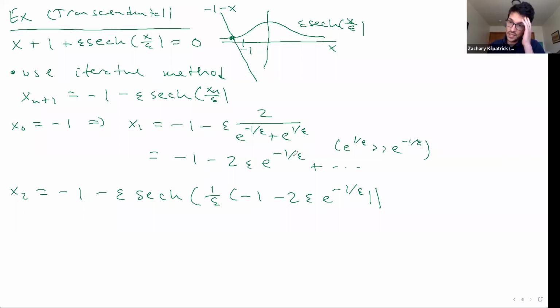So you have to keep it as a transcendental term in order to respect how transcendentally small this is. e to the -1 over epsilon is smaller than any power of epsilon, essentially, in the limit as epsilon goes to 0. So that's the problem with Taylor expanding it. Yeah.